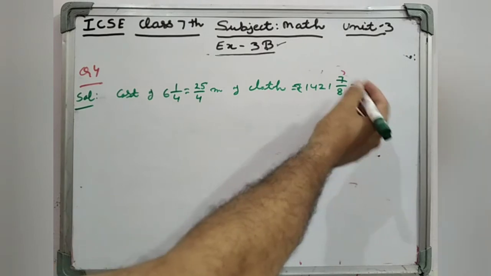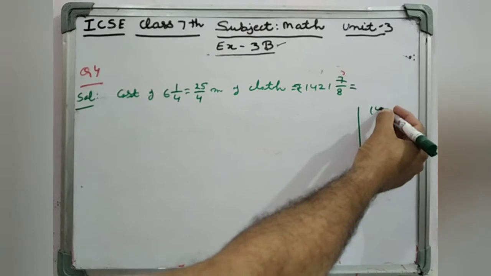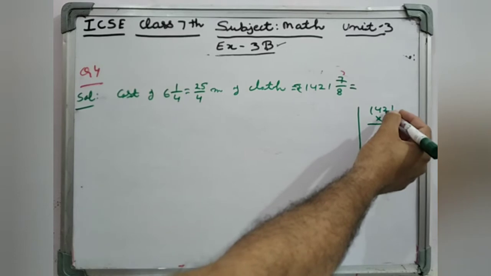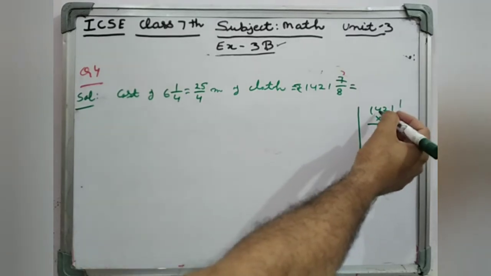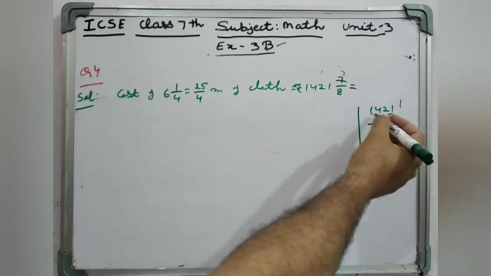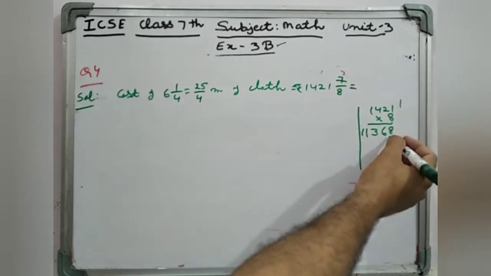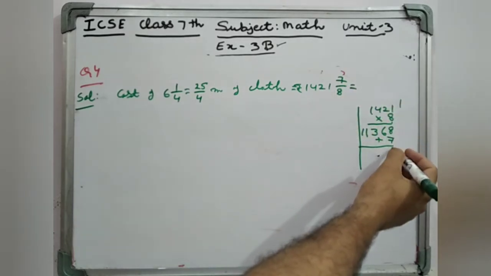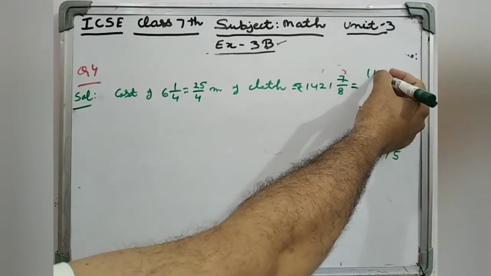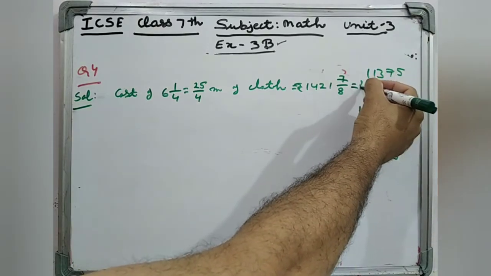Now if we do the rough work here, 1421 multiplied by 8: 8 ones are 8, 8 twos are 16, 8 fours are 32 plus 1, 33, 8 ones are 8 plus 3, 11 plus 7, 7 plus 8, 15, 6 plus 1, 7, so this is 11375 upon 8 rupees.